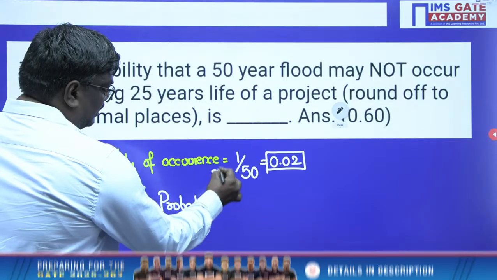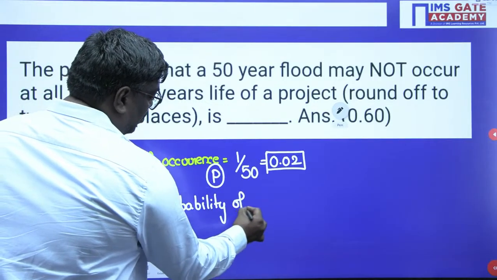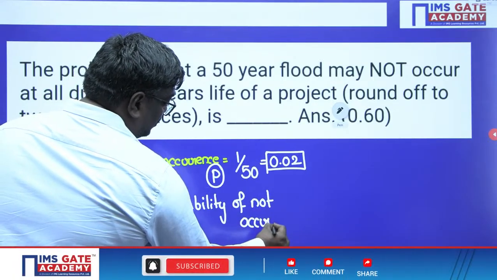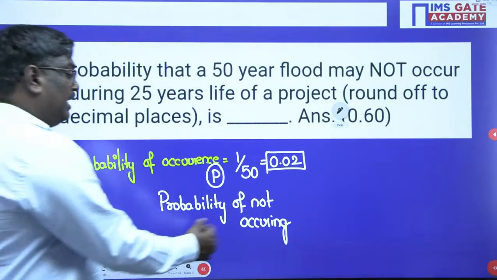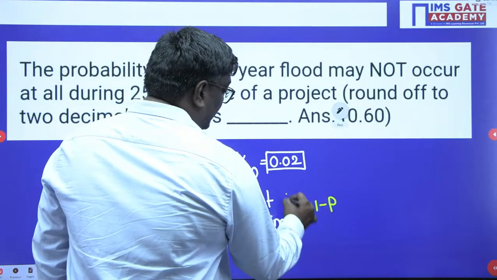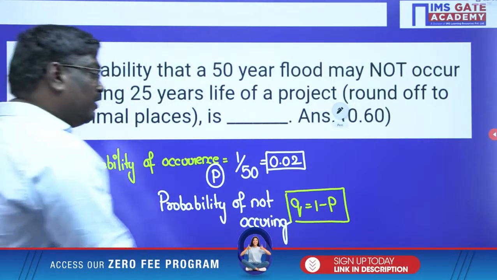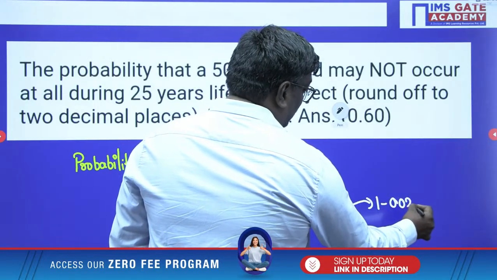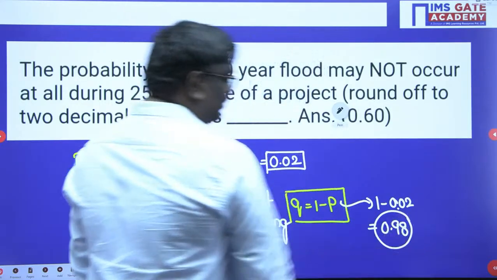This probability of occurring we write as P. Now, my dear students, if I ask you the probability of not occurring, it can be written as Q. So Q is equal to 1 minus P. Here you can write 1 minus 0.02. Not occurring is how much, sir? 0.98.